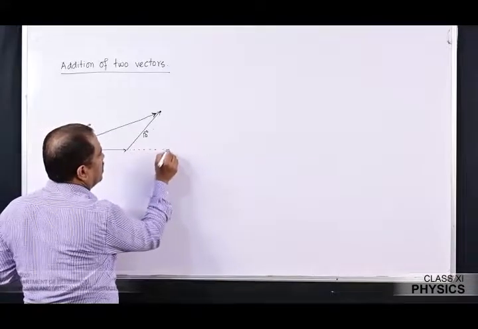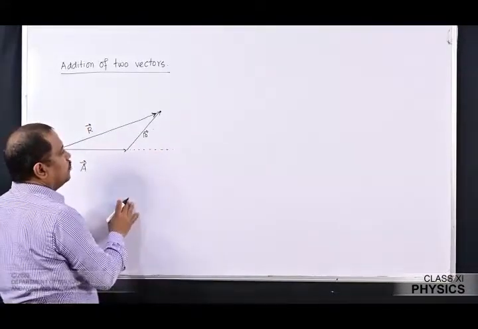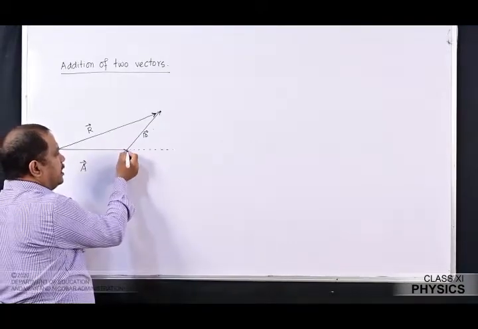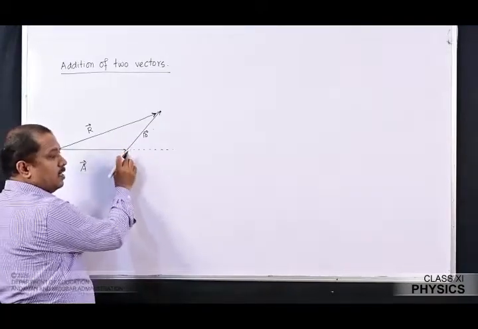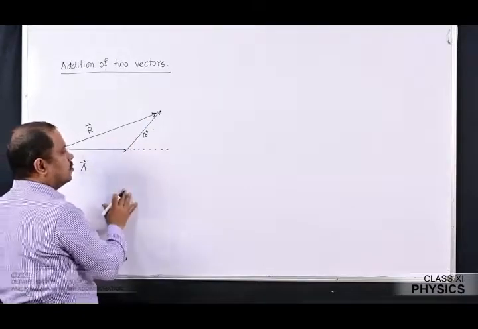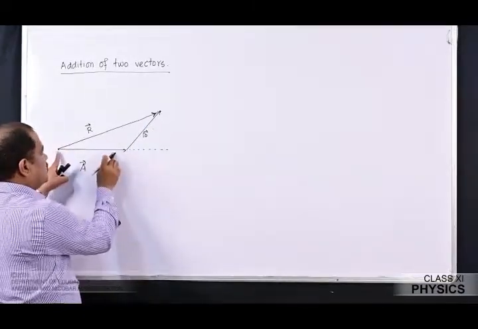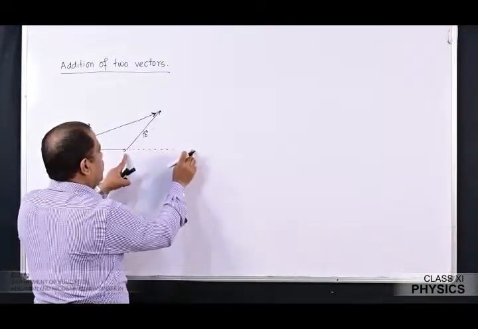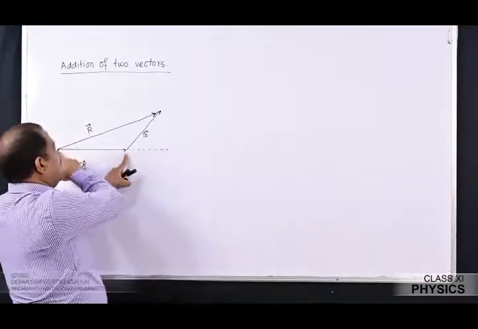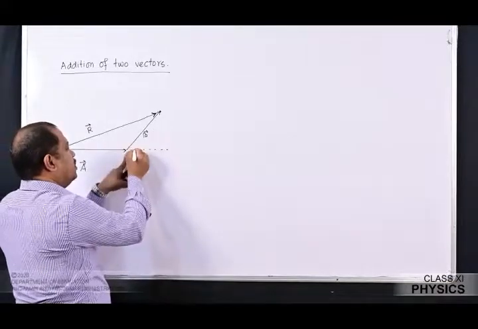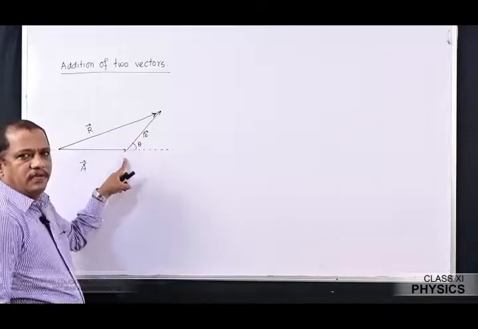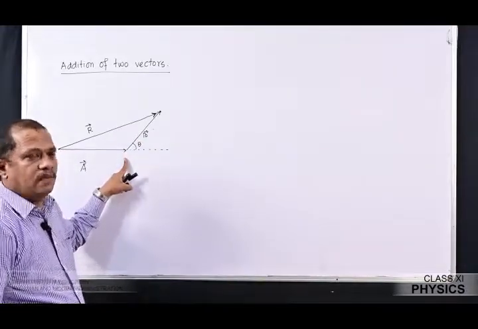We have already studied how to find the angle: the tails of the two vectors must coincide. So if I shift vector A over here, the tail of A will coincide with the tail of B, and this would be the angle between them. Let me assume that the angle between A and B is theta.